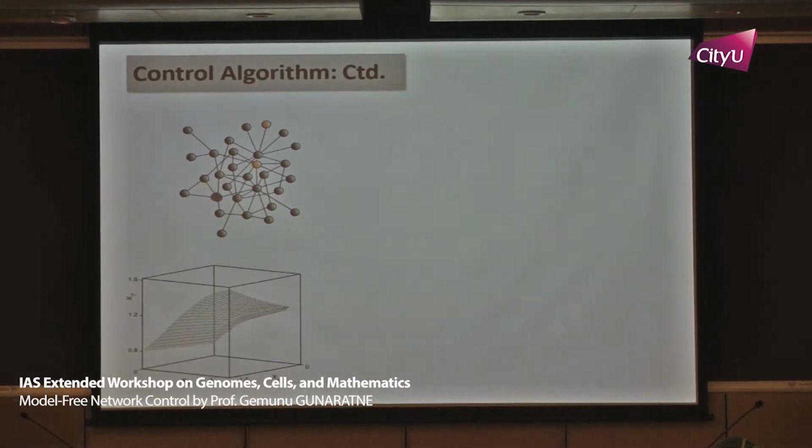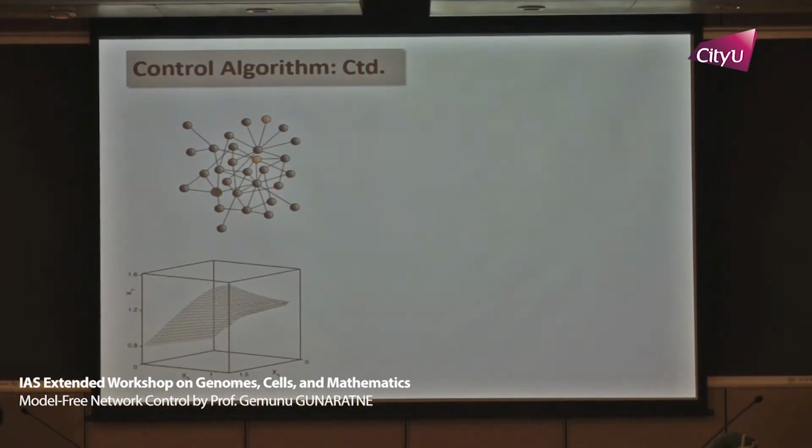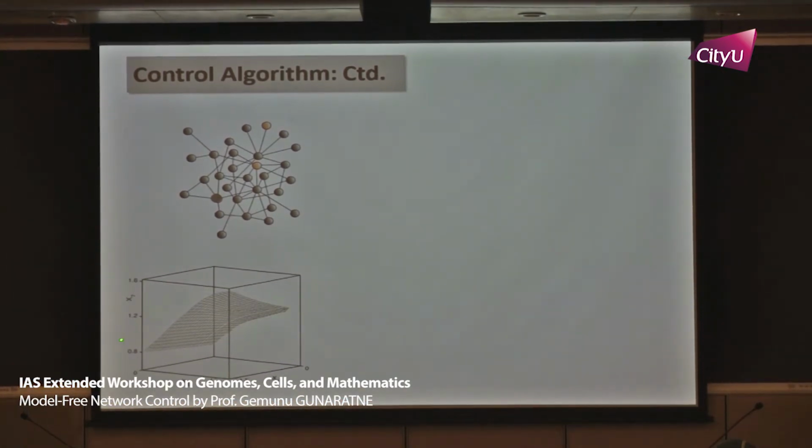So now I have two nodes that I'm changing externally. So I have a two-dimensional set of values that I'm controlling. Again, I have the values for every other node. It's going to be a surface now rather than a line.